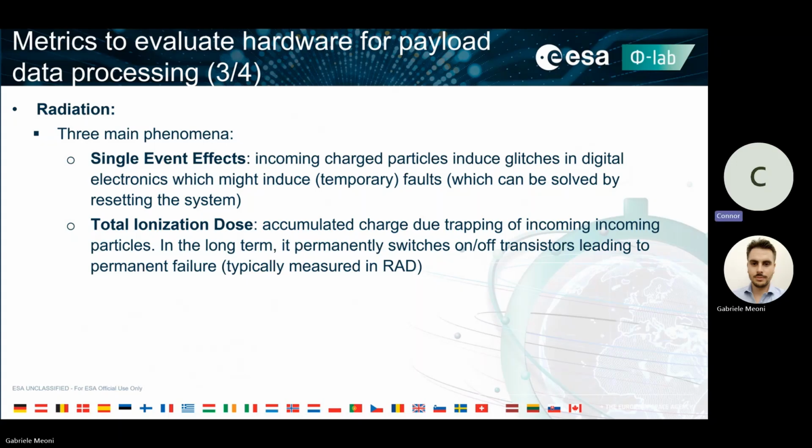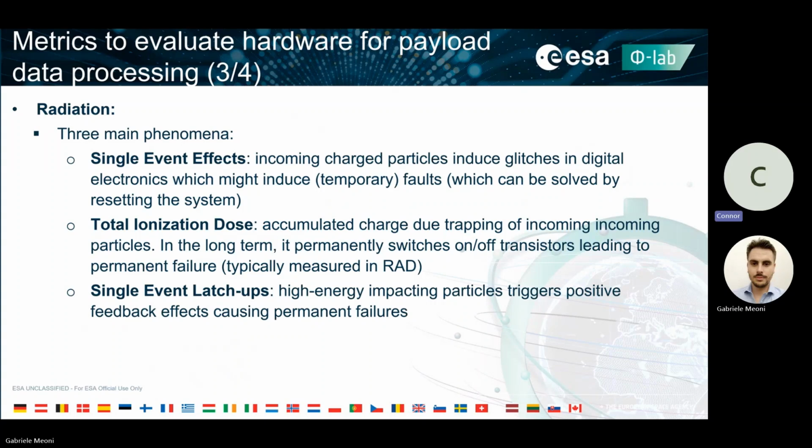You also have a more long-term effect called total ionization dose. When particles hit the hardware, they start accumulating, and after a while, they destroy your transistor. So this charge accumulation basically sets a limit to your reliability, to the life of your device in space.